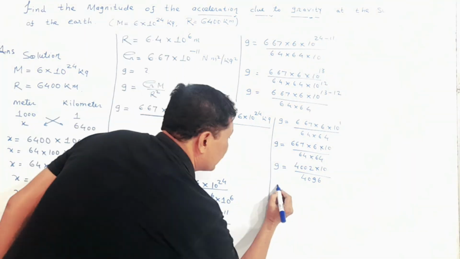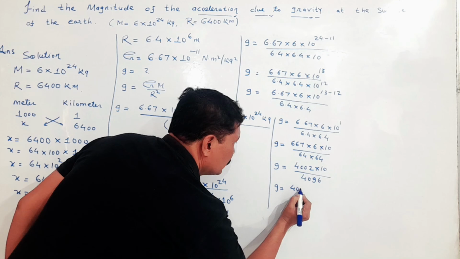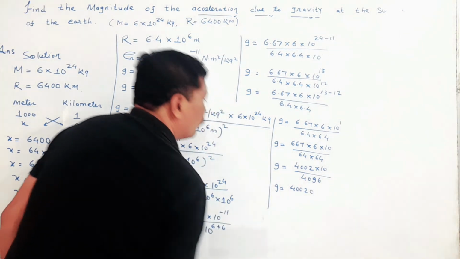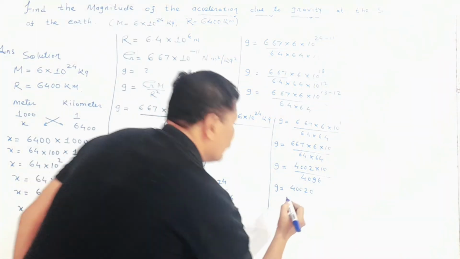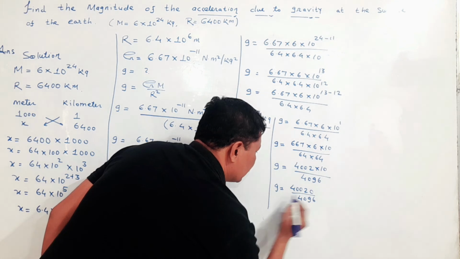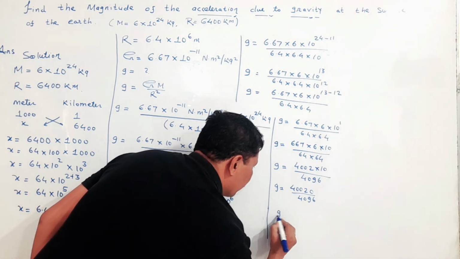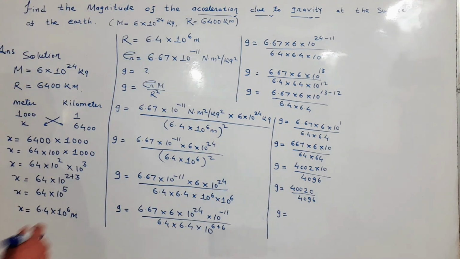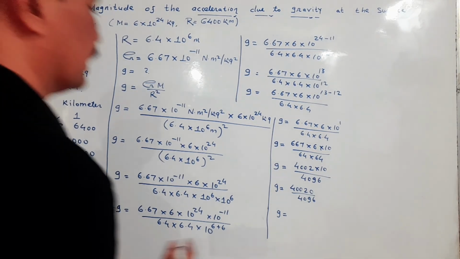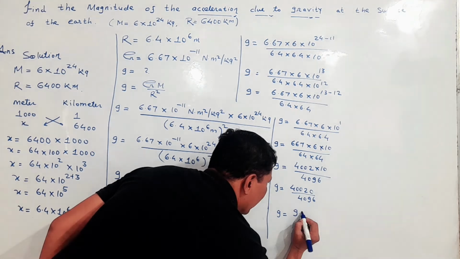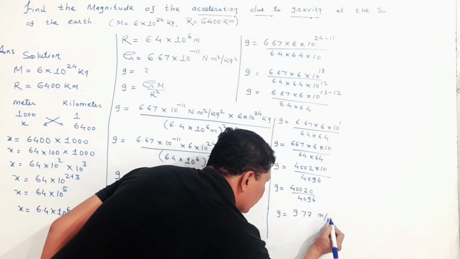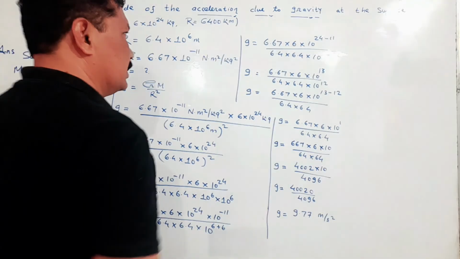Now my dear student, g is equal to 4002 into 10, we get 40020 divided by 4096. And my dear student, if we divide 40020 by 4096, we get 9.77 meter per second, the value of g.